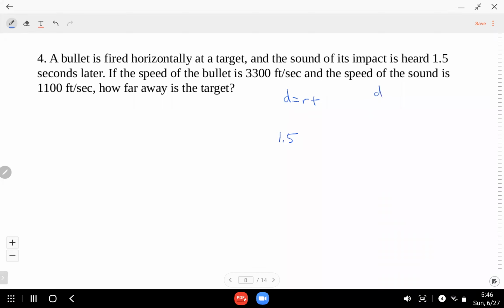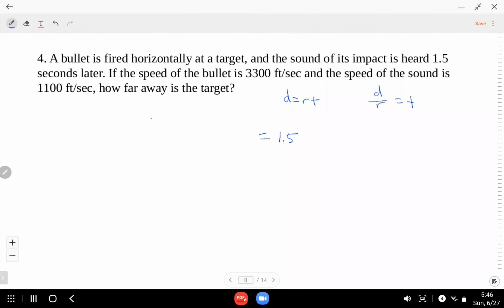And what is time? It is distance over rate. The distance over the rate equals time. So if we have time on this side, then we should have distance over rate on the other side, and then we can just solve for distance. It's very easy. But then we have two distances.